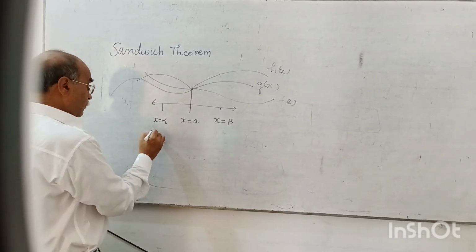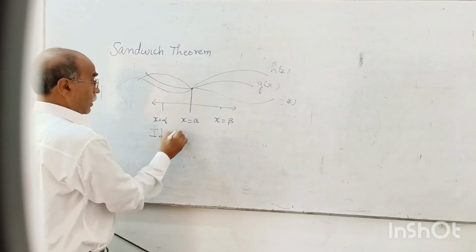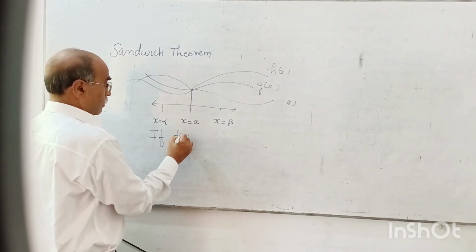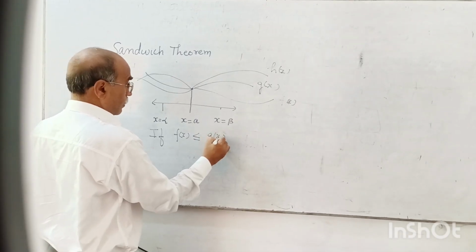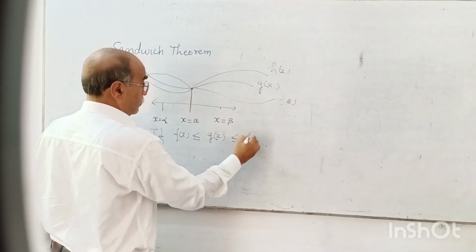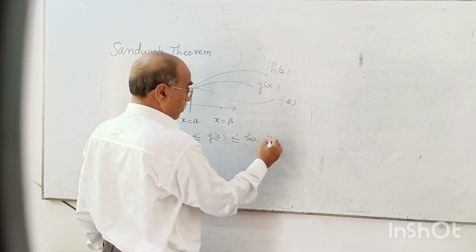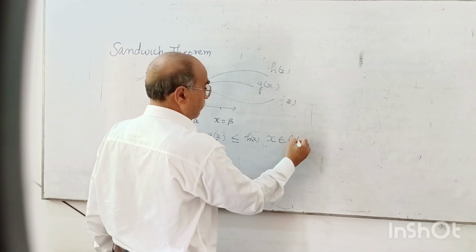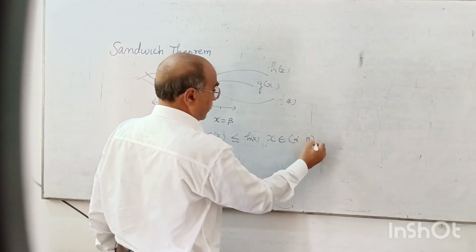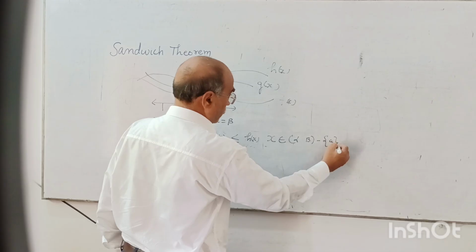So if for these three functions we have f(x) less than or equal to g(x) less than or equal to h(x) in some interval (alpha, beta), not necessarily at x equal to a.